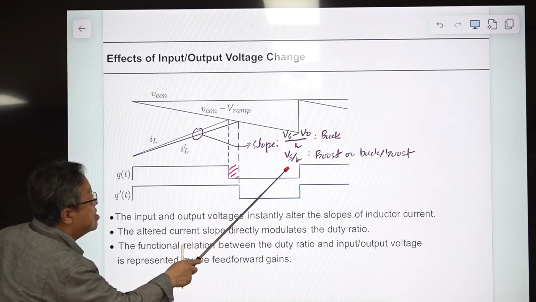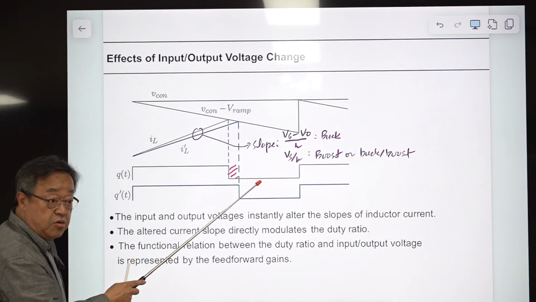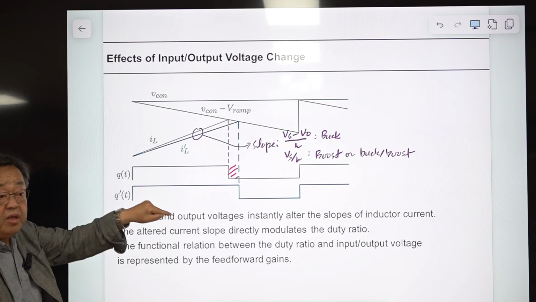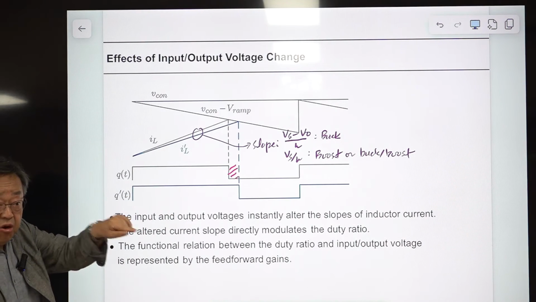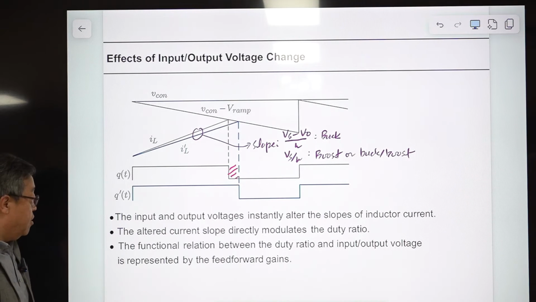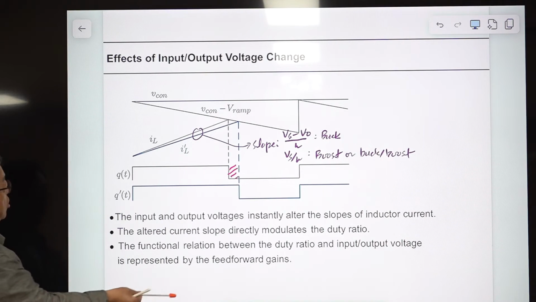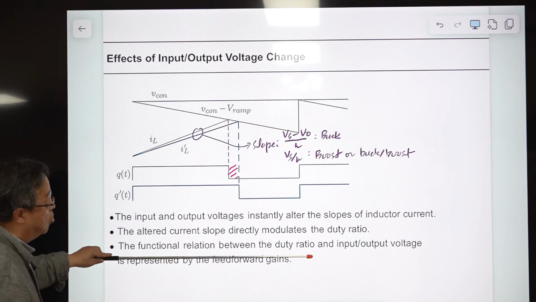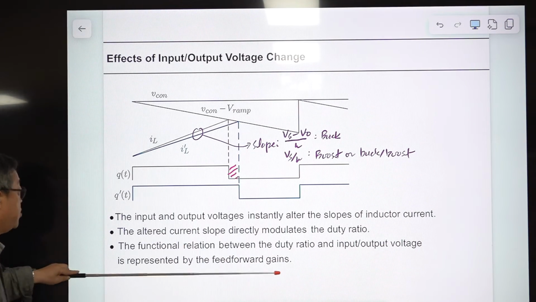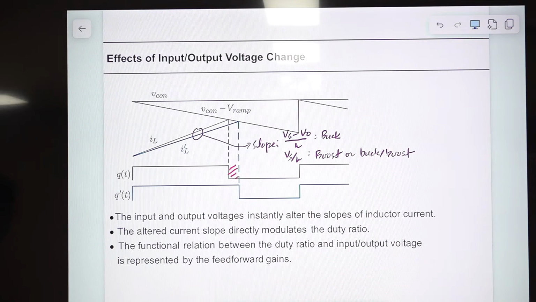There is some functional relationship between the input and output voltage of the converter and the duty ratio variation. The functional relationship between duty ratio and input or output voltage is represented by the feed forward gain.